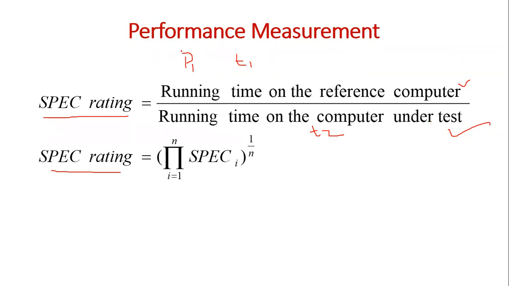This is for one program, but with one program you cannot decide the performance. So you take a set of programs, say n programs, i equal to 1 to n. For all these n programs, calculate the SPEC rating. SPEC i is nothing but the SPEC rating of the ith program.